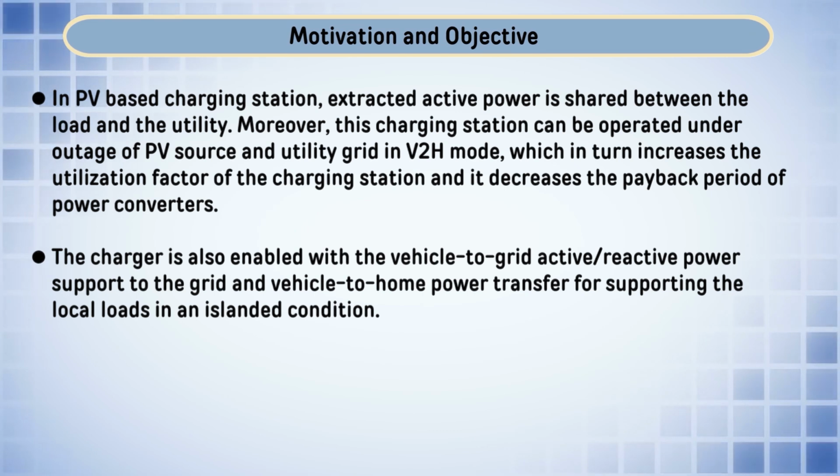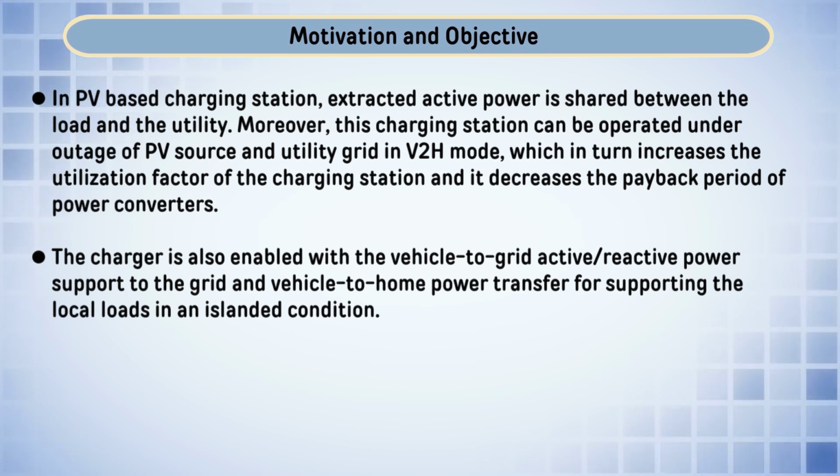The system which we have developed is automatically synchronized. It can connect to and disconnect from the grid without disturbing the EV charging and household supply. One important thing during mode transfer is that this converter is utilized 24 hours.